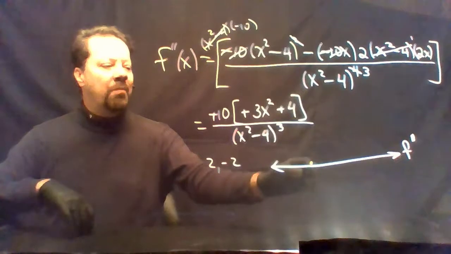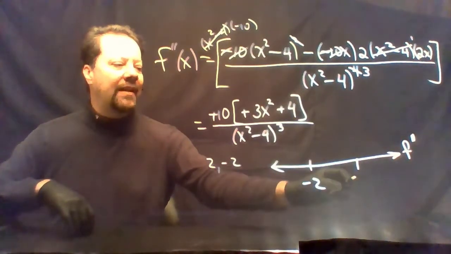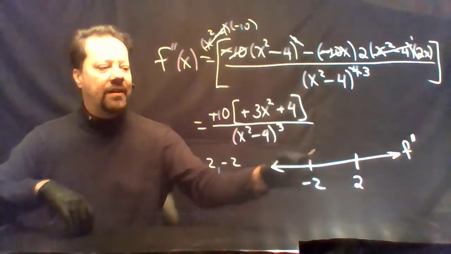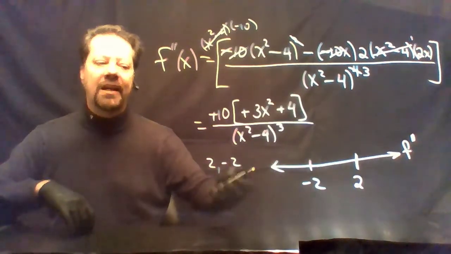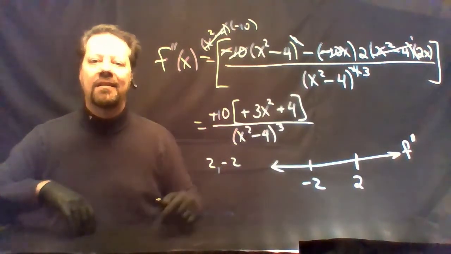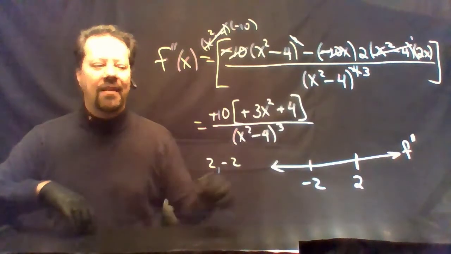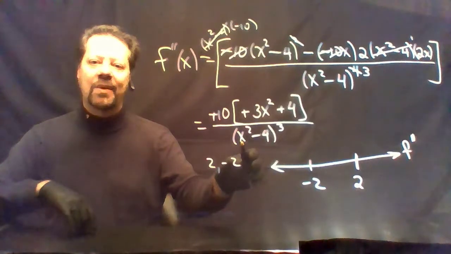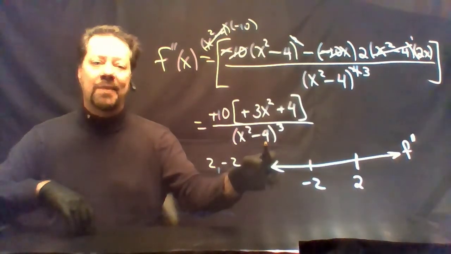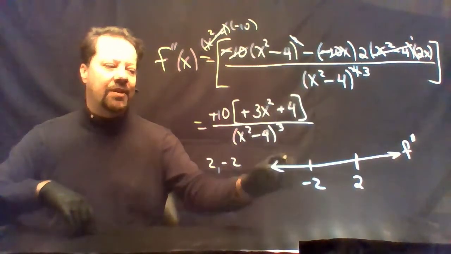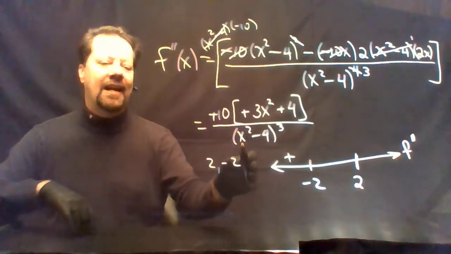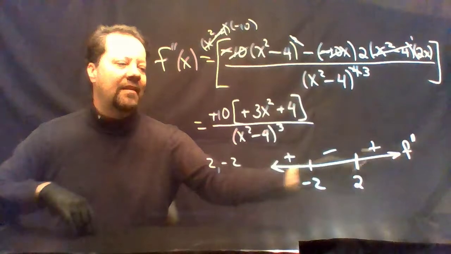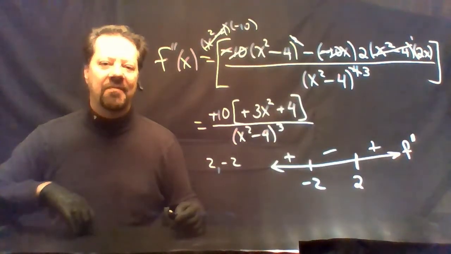So we plot negative 2 and 2 on our number line, and then 1 point within each of the resulting 3 intervals will determine the sign on each of those subintervals. So plotting negative 3, negative 3 squared is 9, minus 4 is positive, the whole expression will be positive. At x equals 0, we get a negative, and at x equals 3, positive again.